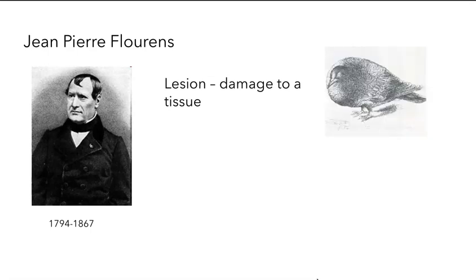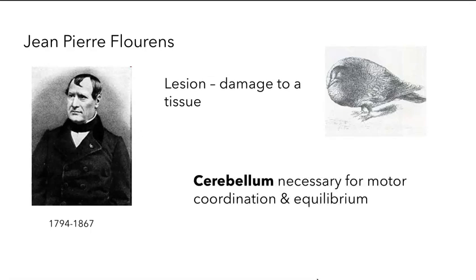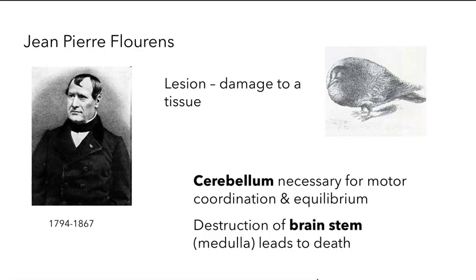So he took animals, mostly pigeons, but also dogs and cats and other animals, and he would look at their behavior, and then he would go and selectively damage part of the brain, and then study the behavior again to see if there were any deficits. And based on these sorts of experiments, he concluded that the cerebellum was necessary for motor coordination and equilibrium. He also concluded that the medulla was essential to life because destruction of the brainstem would lead to death.